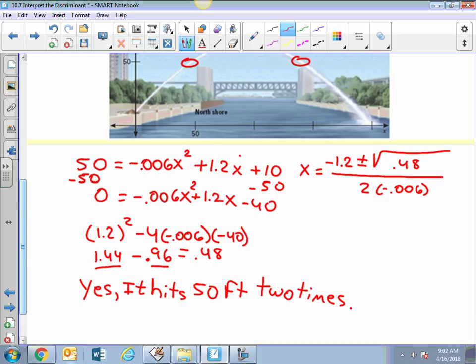0.006. Okay, so next part, I'll take the square root of 0.48. We get about 0.69, so I have negative 1.2 plus or minus 0.69. And then we have 2 times negative 0.006.